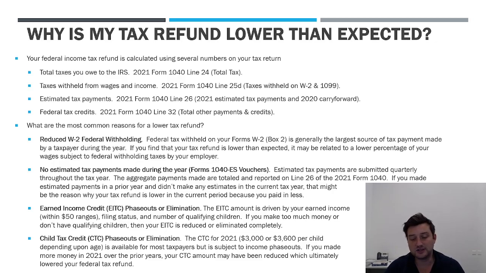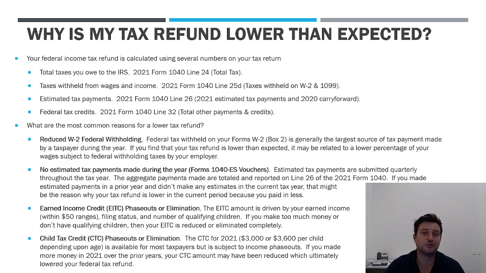Now, the EITC does have limitations. It does have phase out. So a lot of taxpayers that I see will get an earned income tax credit in, let's say, 2020. And then when they do their 2021 tax return, because they made so much more money, they have now entered that phase out region where they're not going to be eligible to claim the EITC anymore.